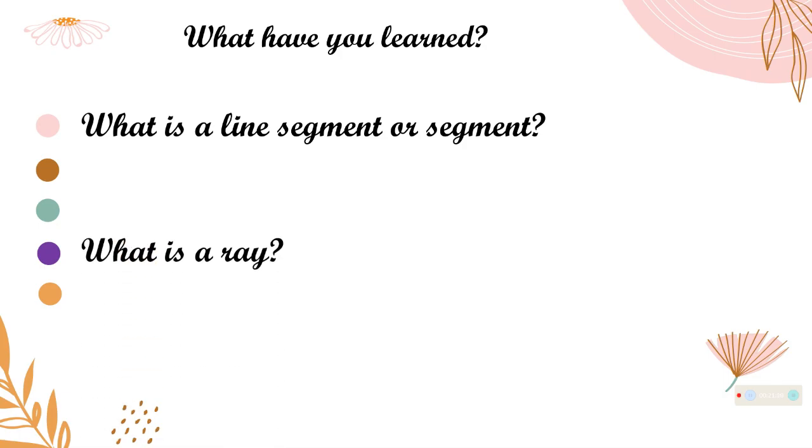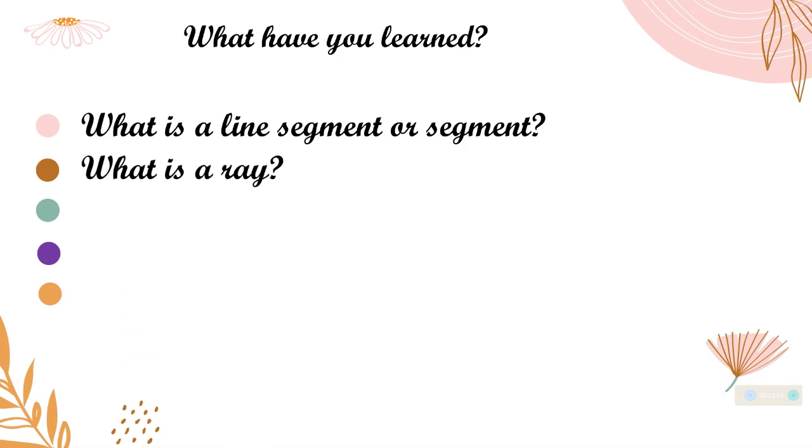Next, what is a ray? A ray is a part of a line that starts at an endpoint and extends forever in one direction. Correct. Next, what is an angle? An angle can be defined as 2 rays or 2 line segments having a common endpoint called the vertex.